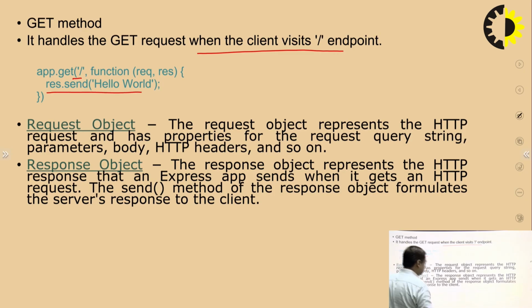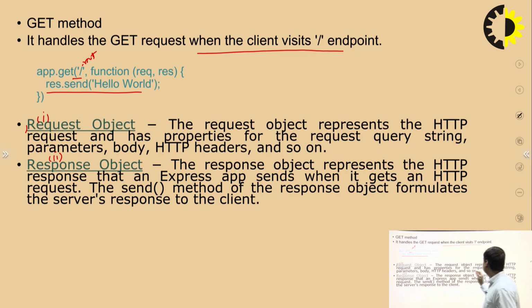So, this is the way we call the GET method whenever we are using a GET request. Now, it can handle 2 arguments: one is request and second is response. So, it is a root method.